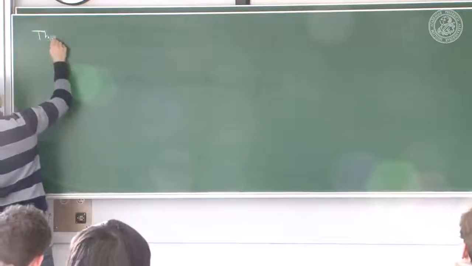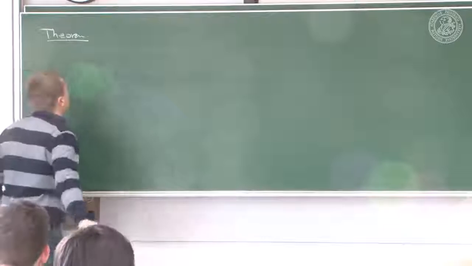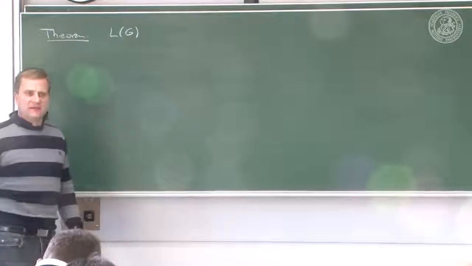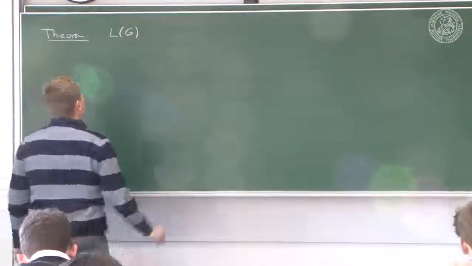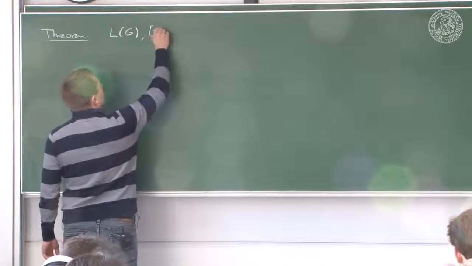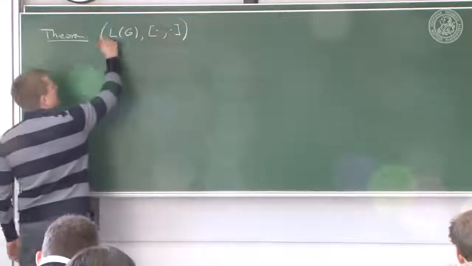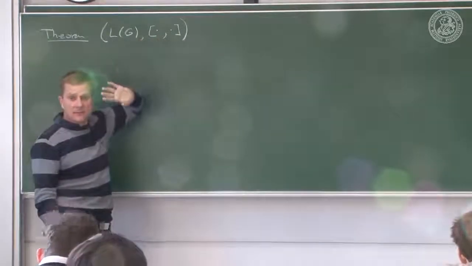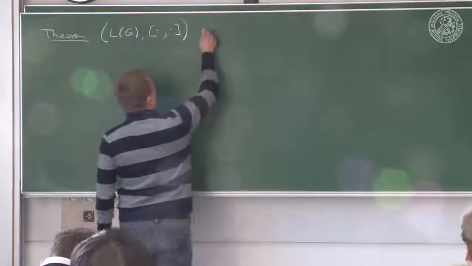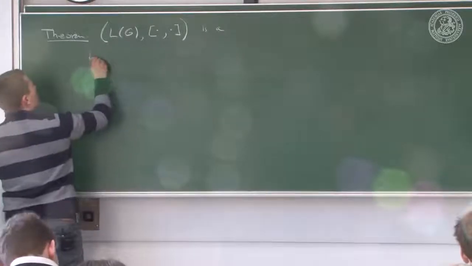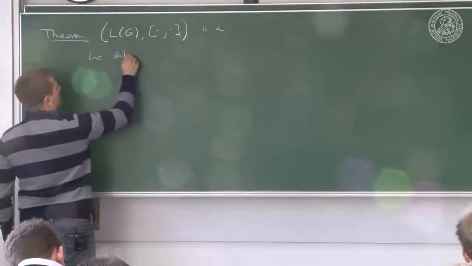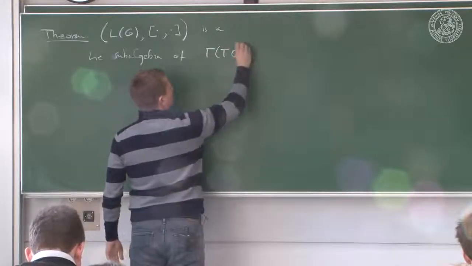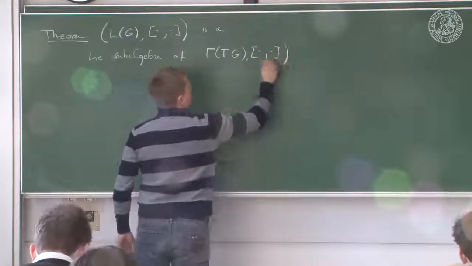Theorem: L of G, the set of left invariant vector fields, equipped with the bracket on vector fields, which I can use because these are vector fields, so I can take their bracket, is a Lie subalgebra of gamma of TG with that same bracket.